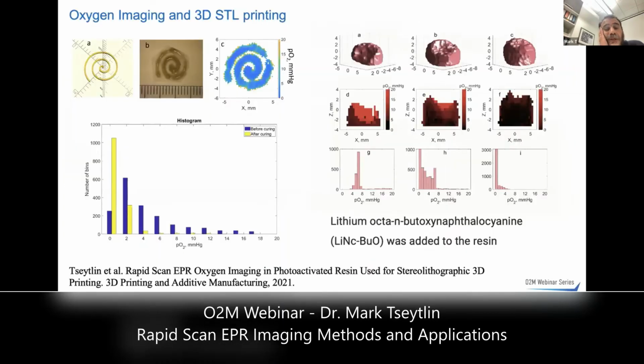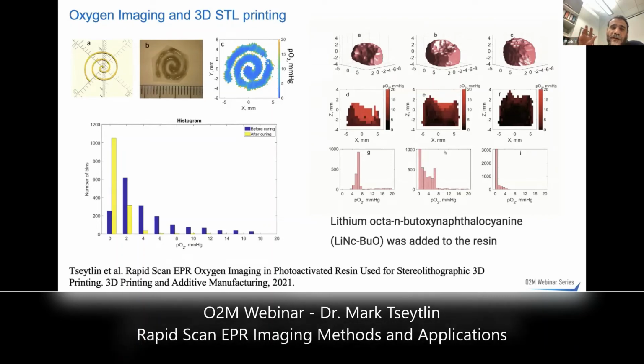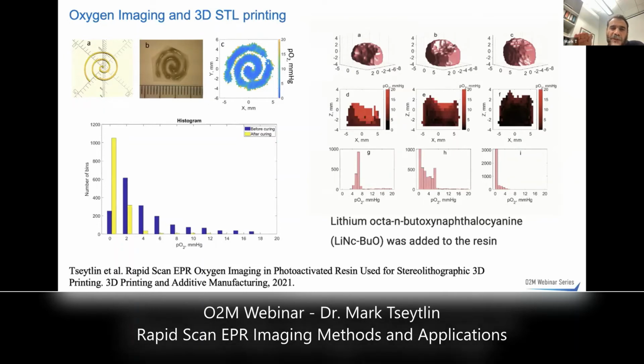Another application is in our lab, where we're building pretty much everything from scratch, and we have several different types of 3D printers. There's a printer which prints with resin, and what we realized is that for that printer to work, it needs to remove oxygen. When you shine UV light on that resin as it prints, the first step is that the photoinitiator interacts with oxygen and removes it, because oxygen is an inhibitor of photopolymerization.